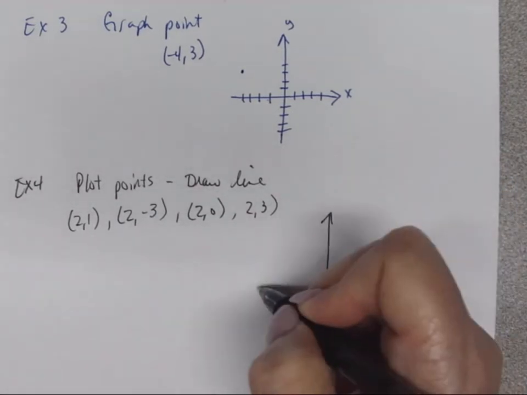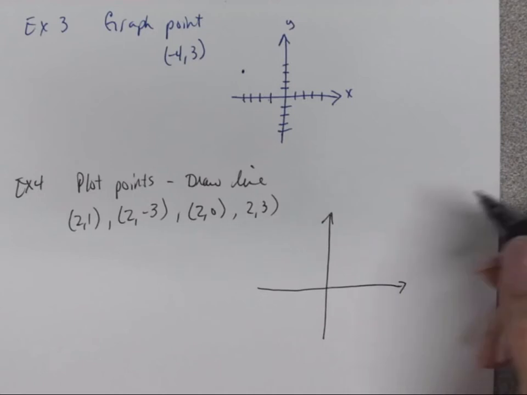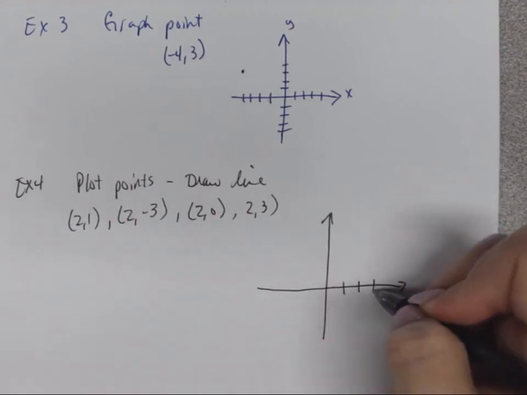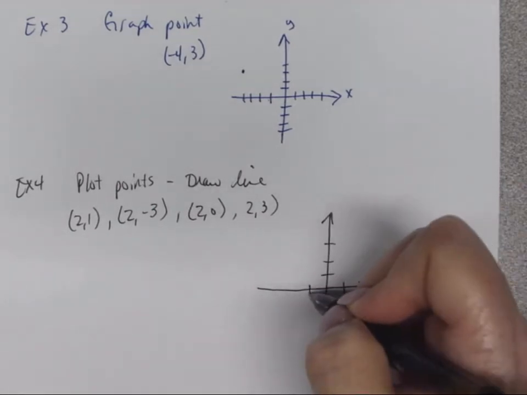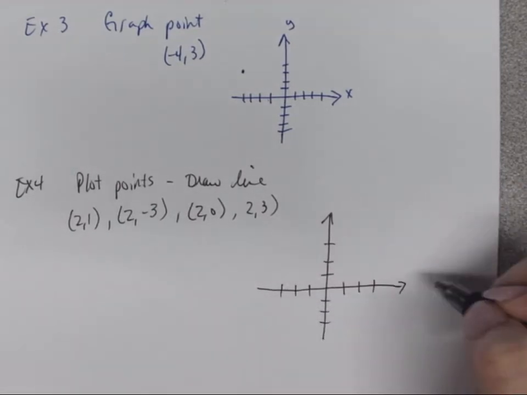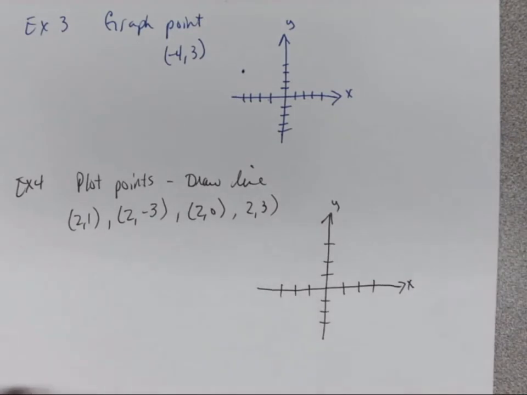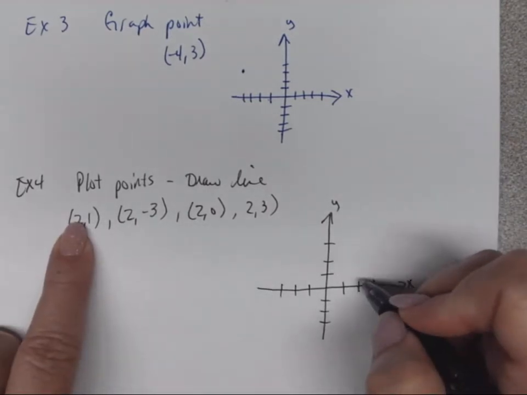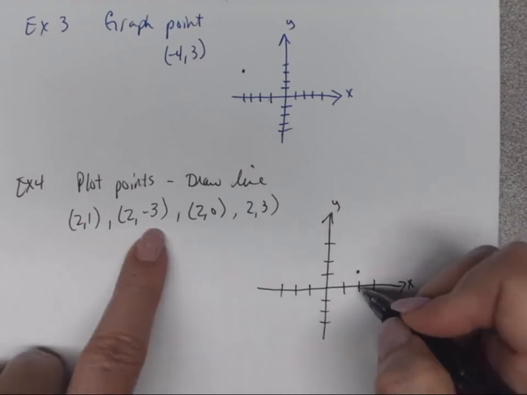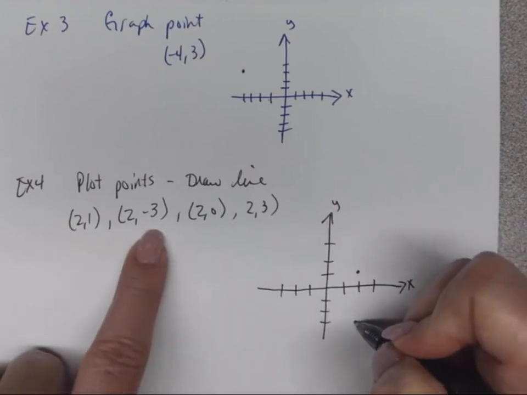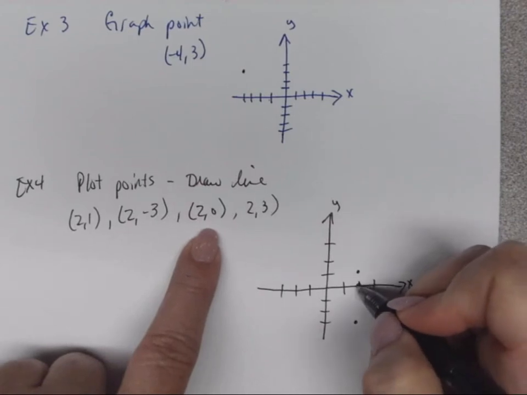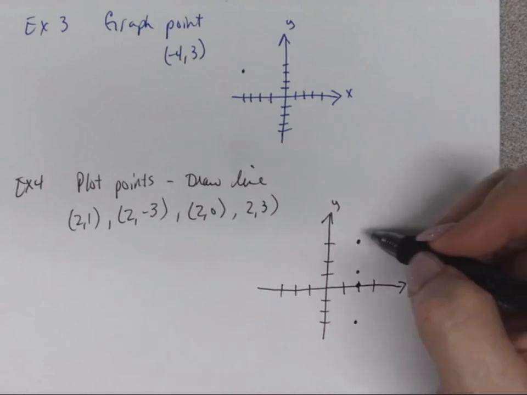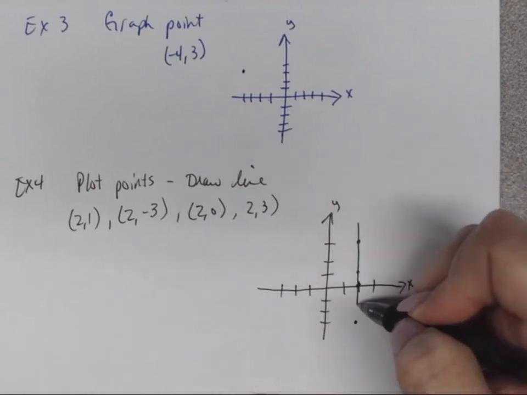So again, I'm going to draw a graph, and I need 3 hash marks, so that's my biggest number. And I know they're not perfectly drawn graphs, but we're just kind of sketching here. So 2, 1, so 2 for my x, 1 for my y. 2, -3 will be down here. 2, 0, and 2, 3. And those are a straight line, so I'm just going to draw a line through.